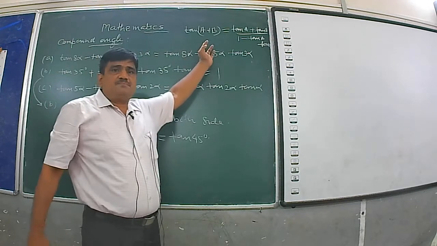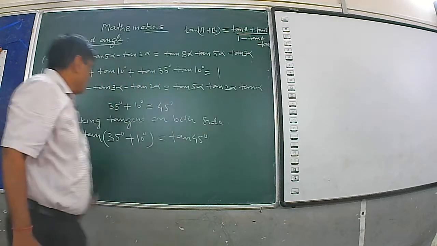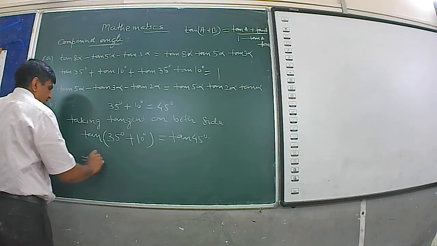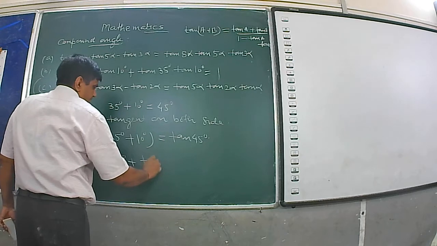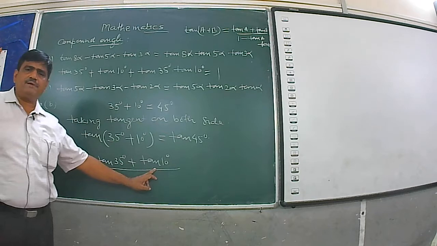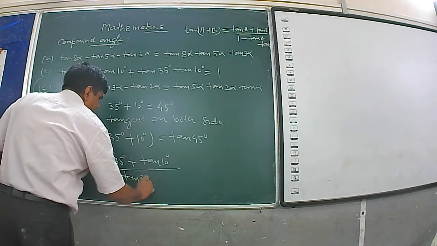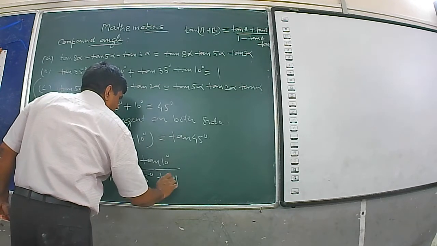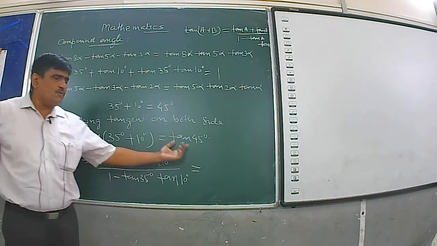Tan(a plus b) is equal to tan a plus tan b upon 1 minus tan a tan b. Here a is 35 and b is 10. This implies that tan 35 degree plus tan 10 degree upon 1 minus tan 35 into tan 10 degree is equal to tan 45.